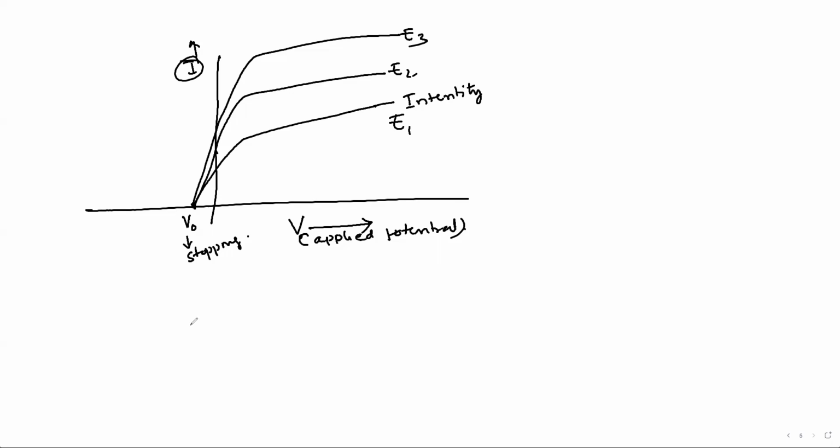Now, in this graph, which relation is valid? Yes, the current is more means this intensity is more compared to this. That is, E1 is less than E2, which is less than E3. These graphs are very important, related to the photoelectric effect.